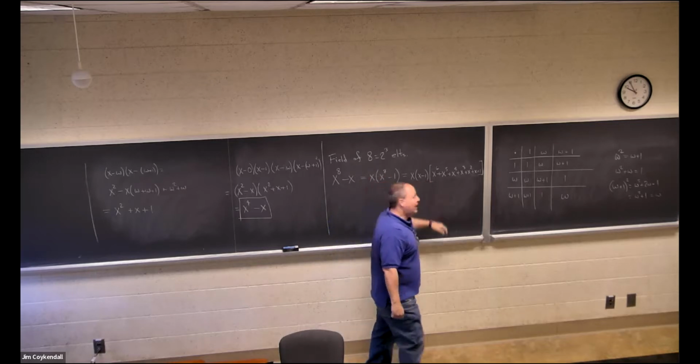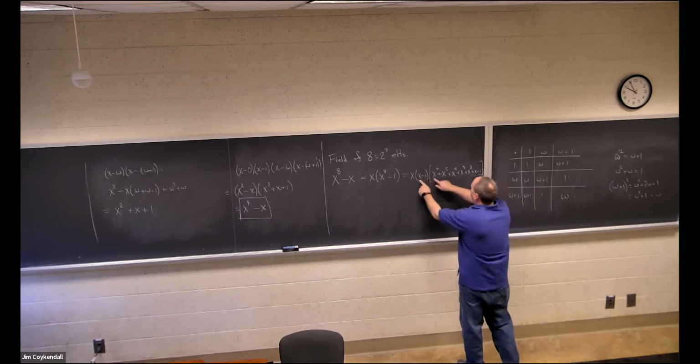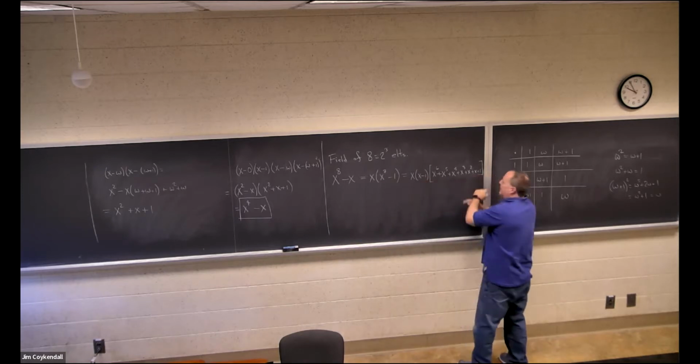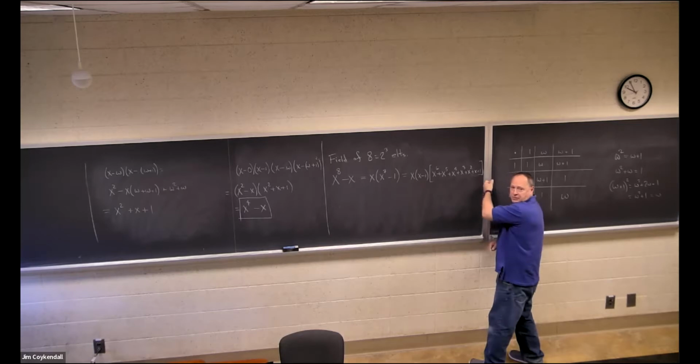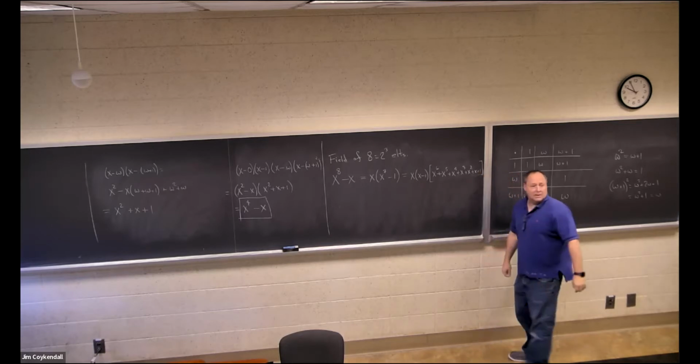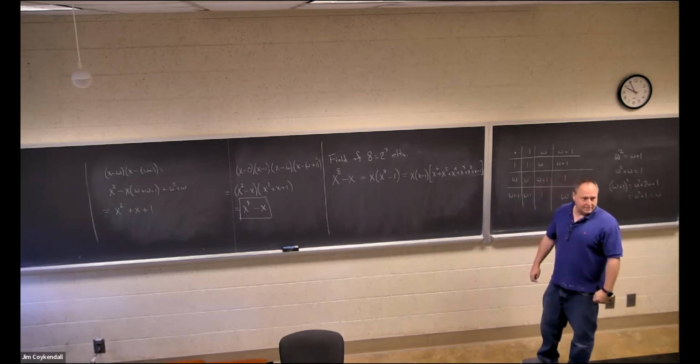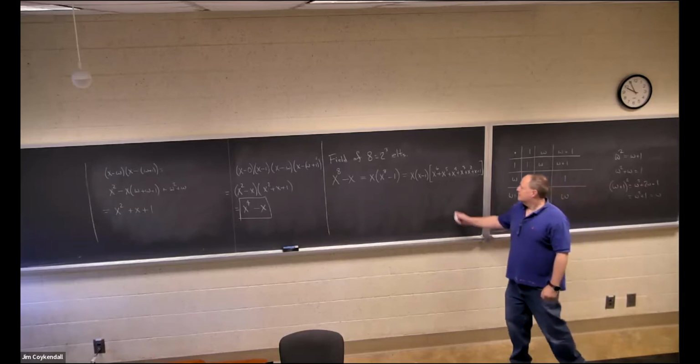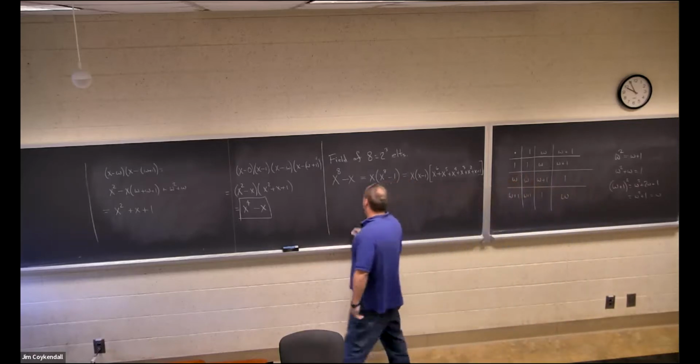And I just factor this out. Notice it pairs off. This is X to the 7, then all the middle terms cancel because of the minus, and then minus 1 again. Is this irreducible?